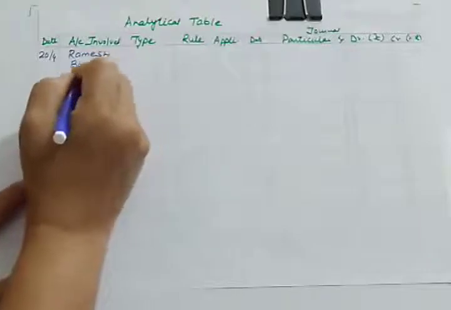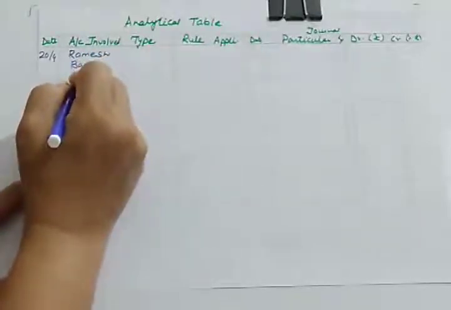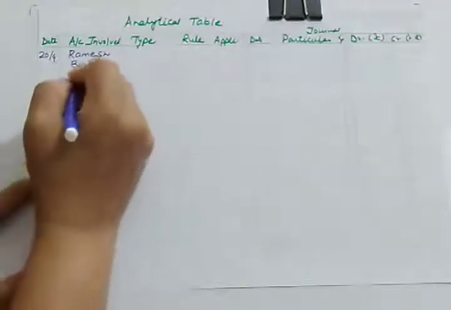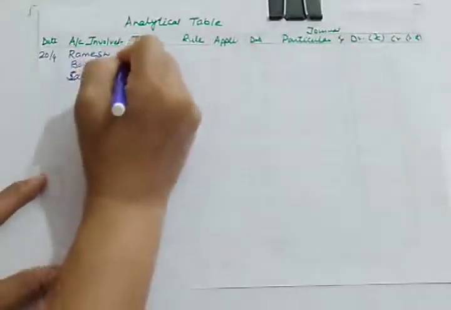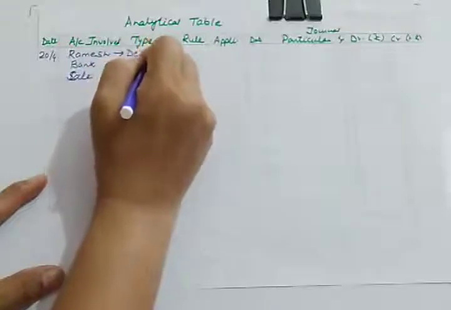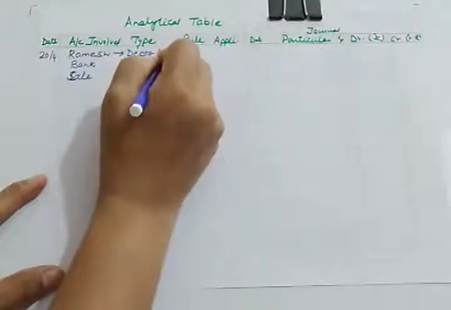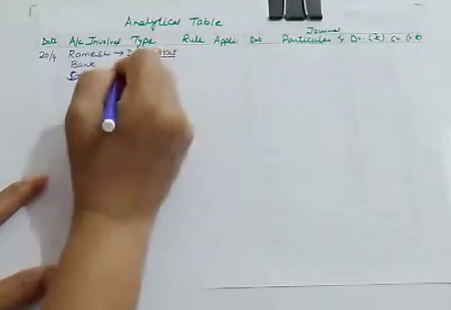So your bank balance will be involved and there is a sale also, because whatever you are receiving, this is through sale. So Ramesh is your debtor, or you can say it's an asset, because we normally write the main content asset.